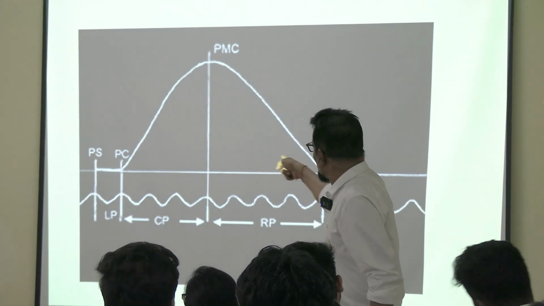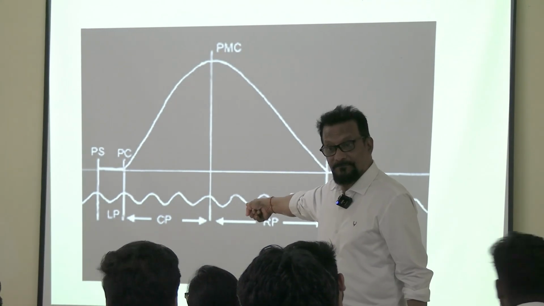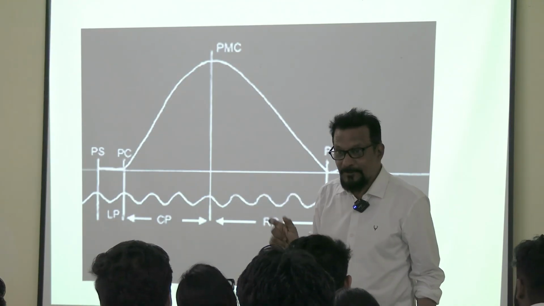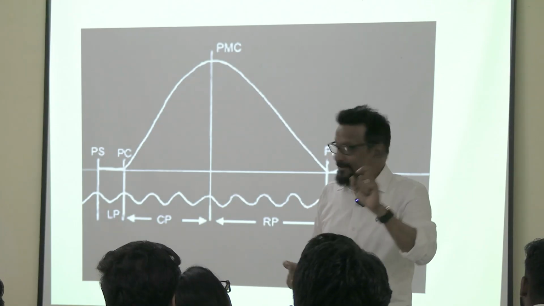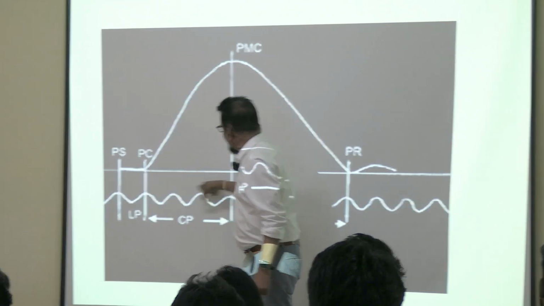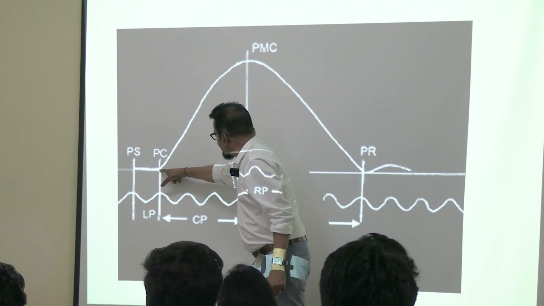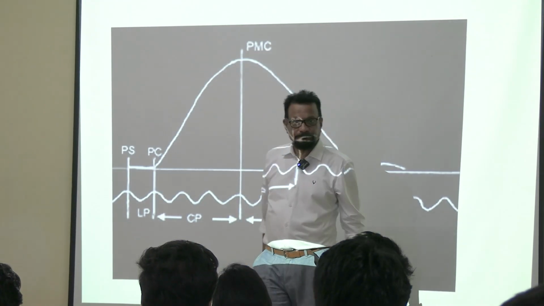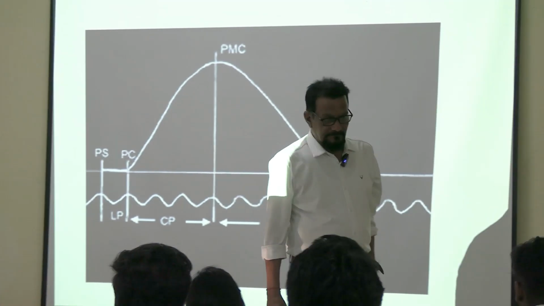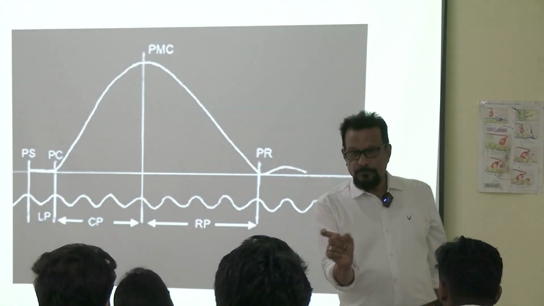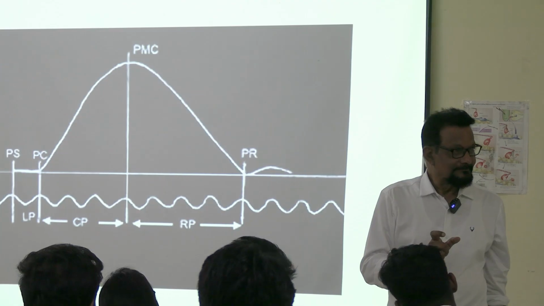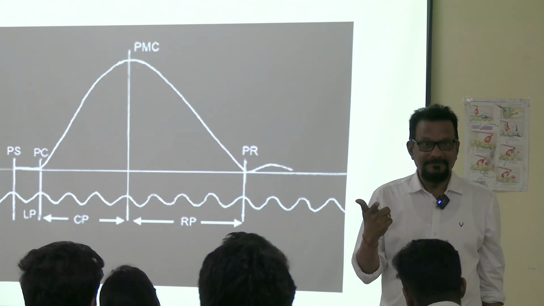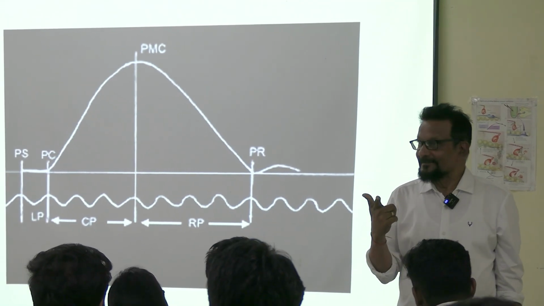CP means from PC to PMC. This is the time and the distance is this. So you divide the distance by time. That will give you the speed. Isn't it?